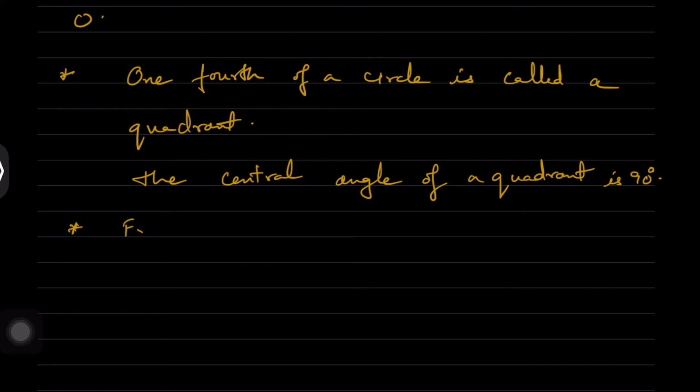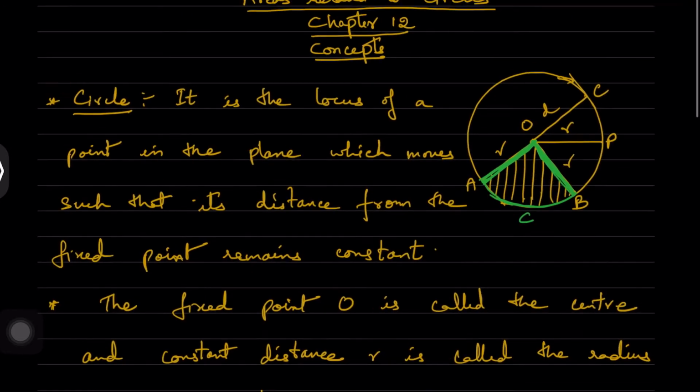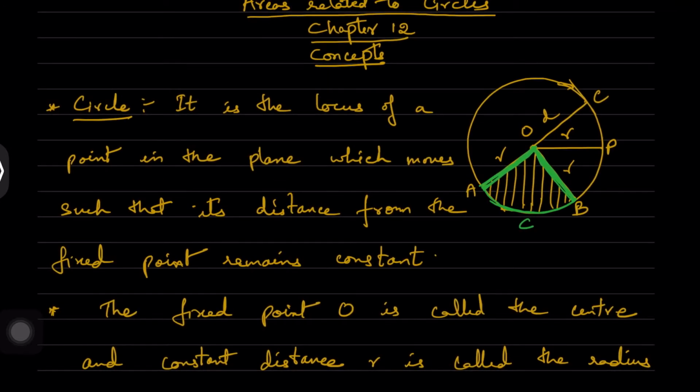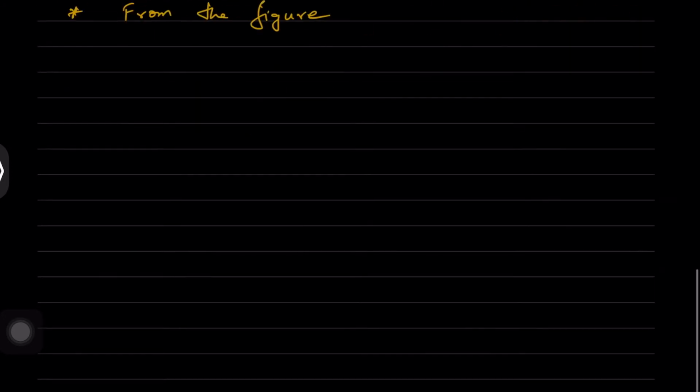Now from the figure we have here, AB is called the arc, and then BA is called one more arc. So AB is the minor arc and BA is called the major arc. You can see over here, from here to here, this is minor, and B to A, this is called the major.